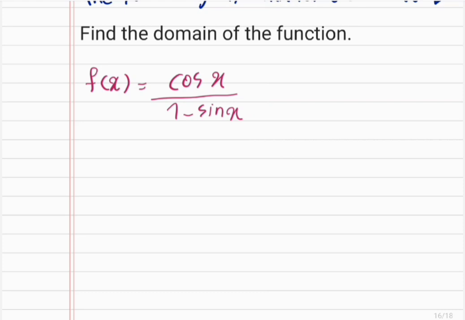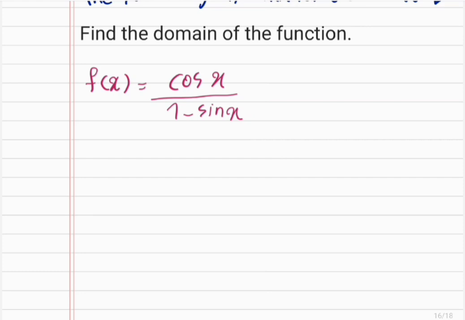Whenever we have a function and we want to find its domain, the best strategy is to find all the x values for which the function is undefined, and therefore you can say that the domain of the function is the set of real numbers that excludes all these values that make the function undefined.